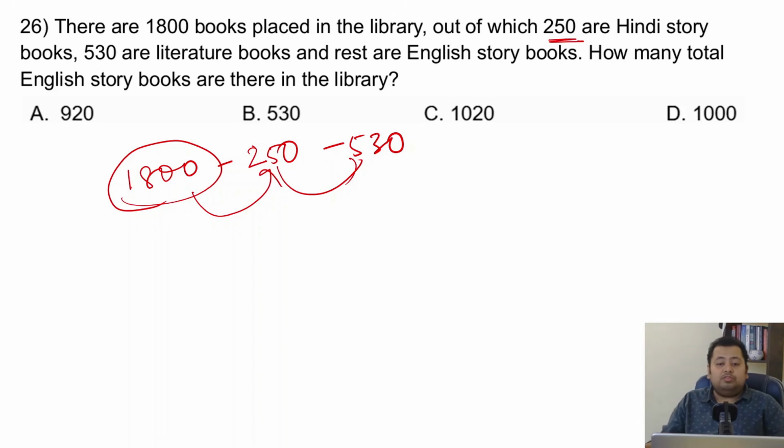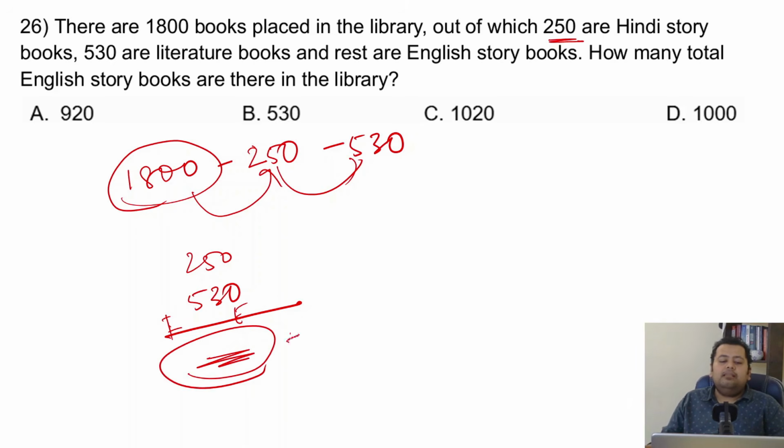The total number of Hindi books is 250, the total number of literature books is 530, and then you have some number of English books, say E. Now, if you do addition, you will understand how many books are there plus English books, and then you just need to do a subtraction.